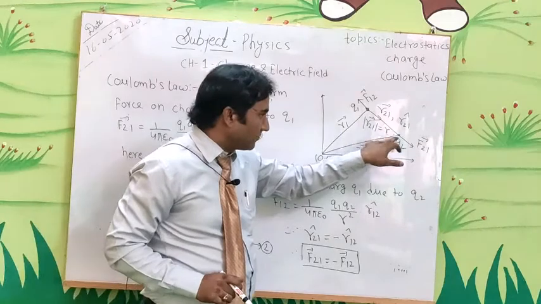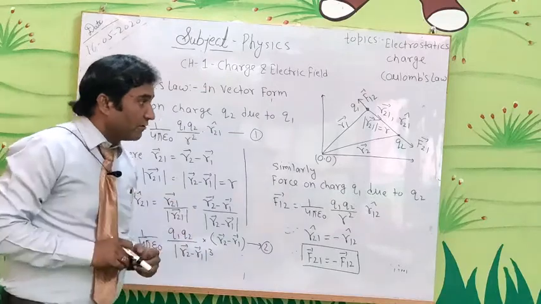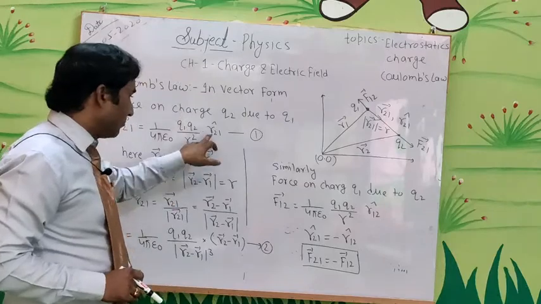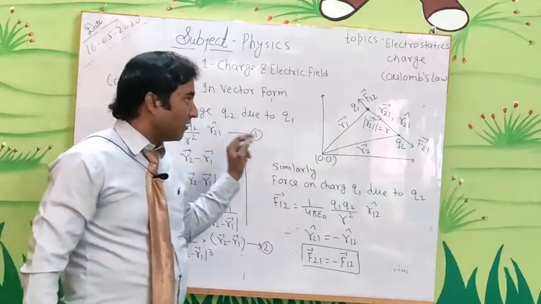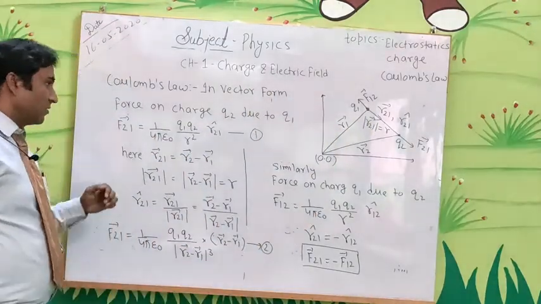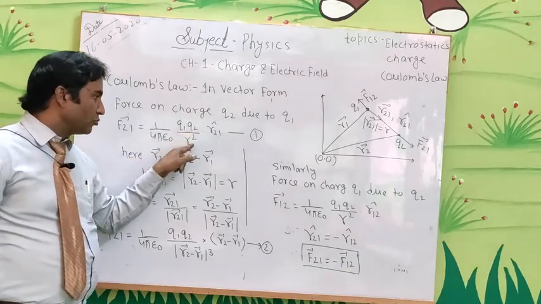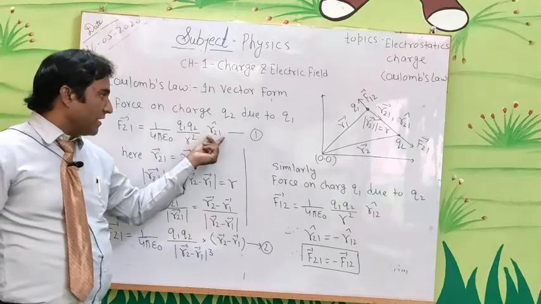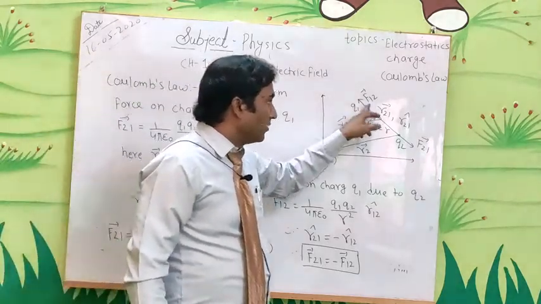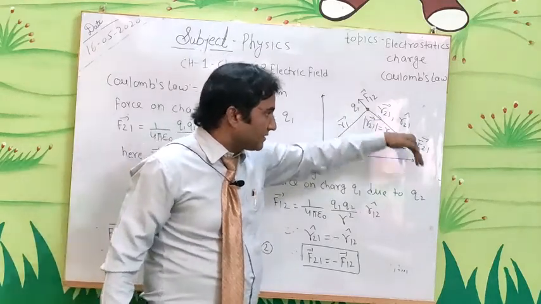So here we have to know the unit vector in the direction from Q1 to Q2. So we can write Coulomb's equation in the vector form F21 equal to 1 upon 4 pi epsilon naught Q1 Q2 upon R square into unit vector R21 cap. This unit vector shows the direction from Q1 to Q2 because Q1 applies the force on Q2 in this direction, that is F21.